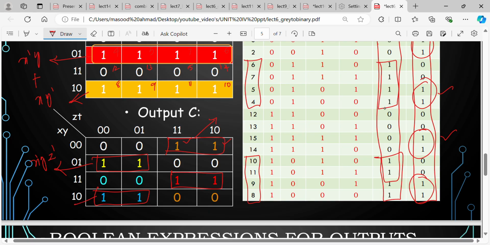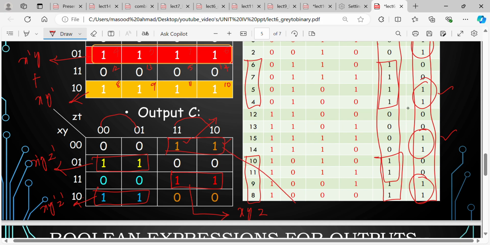For example, if I want to look at this expression, what is this? This is x y bar. x y bar. And what is changing in this? t is changing. What is not changing is this 0. So z bar. What about this expression? If at all you want to look at what is not changing in this, this 1 is not changing. So it is z. And where we are here? 1, 1. So it is x, y, z.